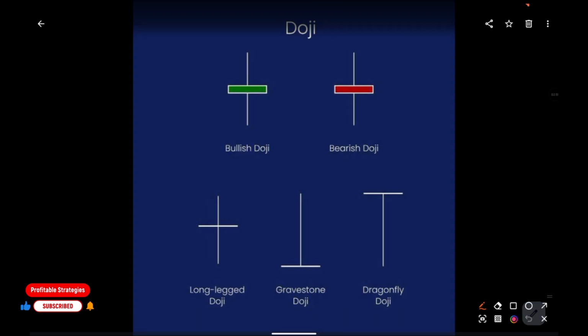All right, so what is the psychology behind the formation of this candlestick? Now this is the body here. This is the opening price, and of course the price will not just be static. It will not stay in one position. It will be going up and down, up and down. And let's assume this is a 1 hour Doji.